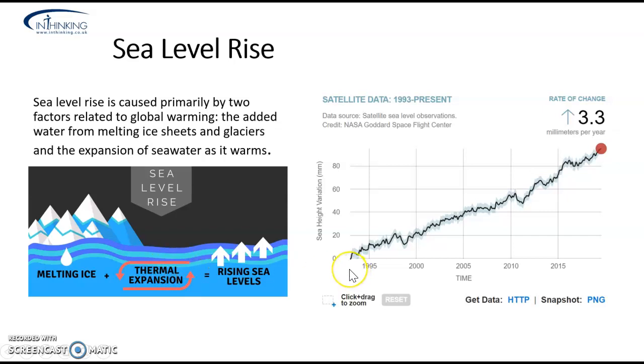And the graph here documents, since 1993 to the present day, or rather, I think 2017, 2018 in this graphic, we can see a rise of around 90 millimeters, 9 centimeters over that time period, with an average of 3.3 millimeters per year. So that rise is being accounted for by both thermal expansion and the glacial losses that we were talking about earlier.